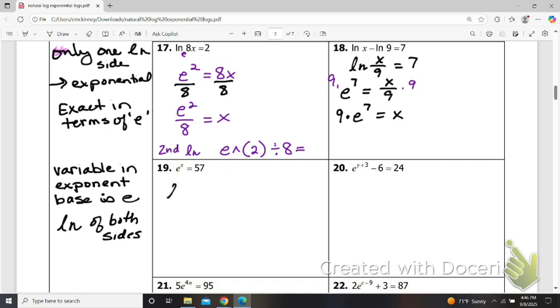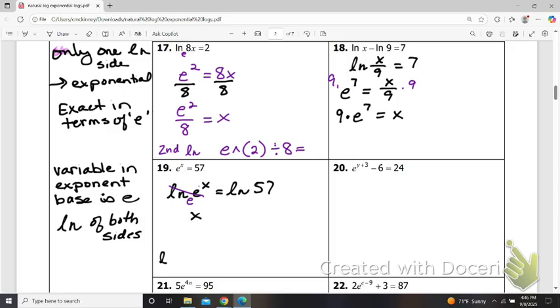So I'm going to go natural log of e to the x equals natural log of 57. Think about that: natural log means log base e. So if the base and this argument are the same, they basically get rid of each other, and this just becomes x.